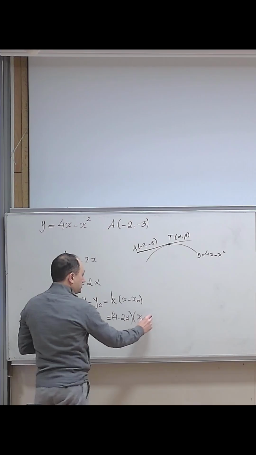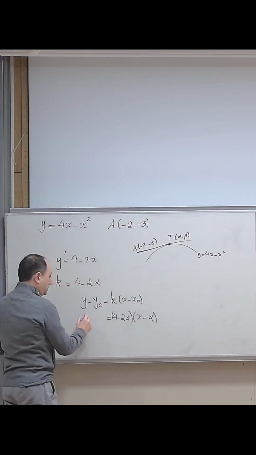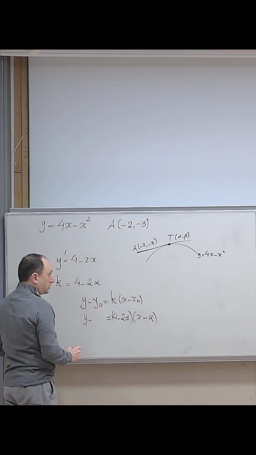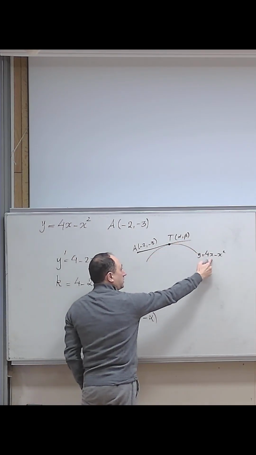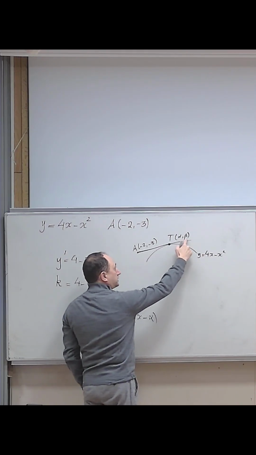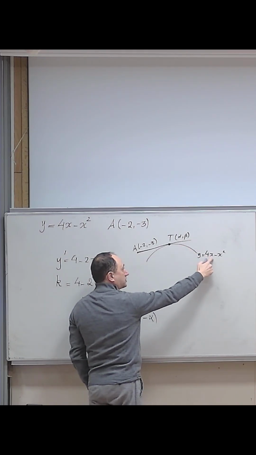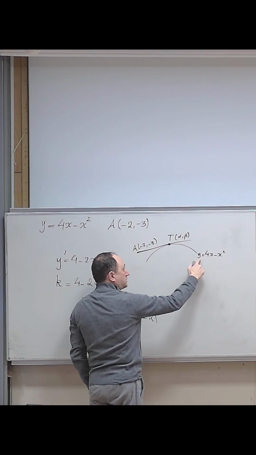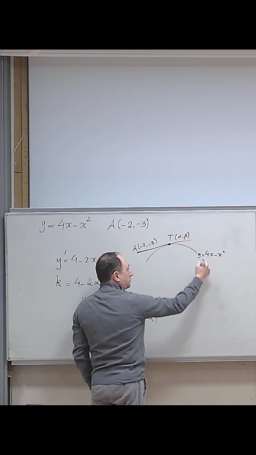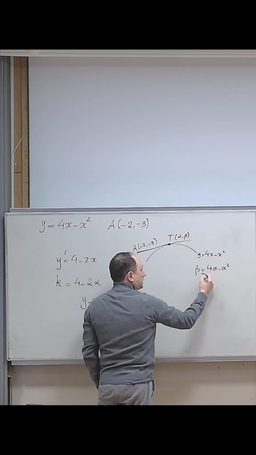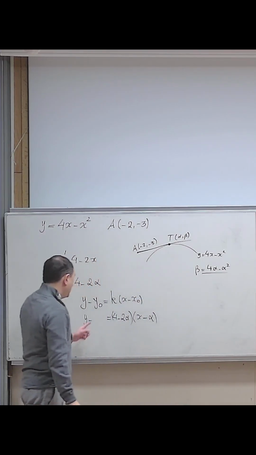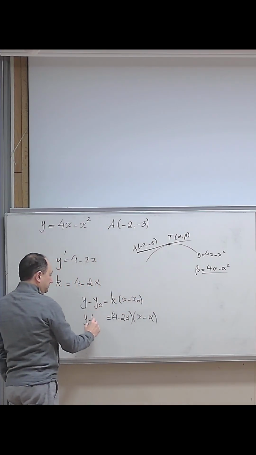So x naught becomes alpha, and y naught is beta. But because alpha and beta are on this curve, the coordinates of this point will satisfy the curve equation. It means that if I replace y with beta and x with alpha, then this relation holds. So instead of beta here, I put that expression.